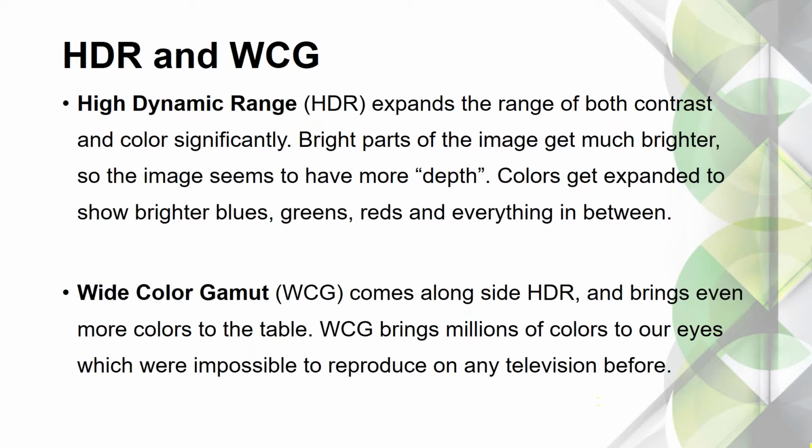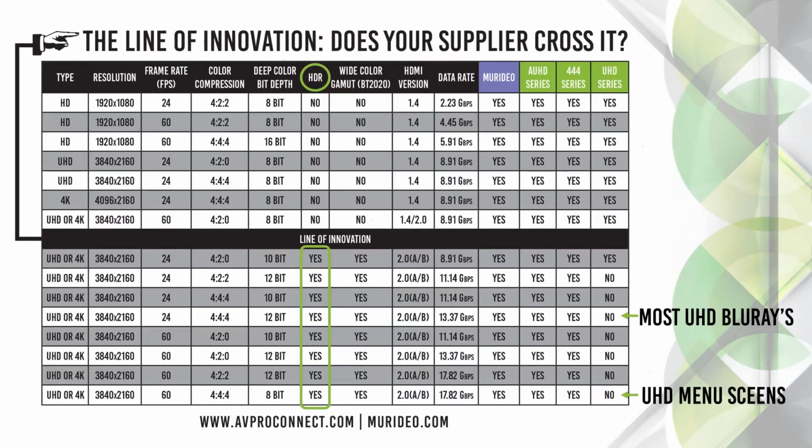The wide color gamut gives us something much closer to human vision, and with that we get the deep bit depth of 10 and 12 bit. So we go from 256 combinations of red, green, and blue to 1024, and then 4096 beyond that with 12 bit.